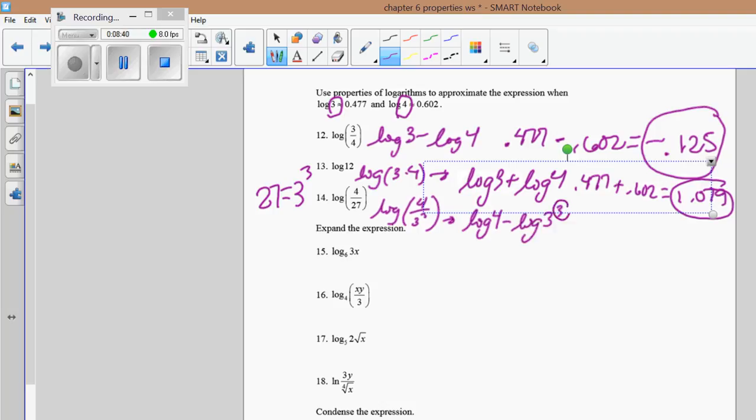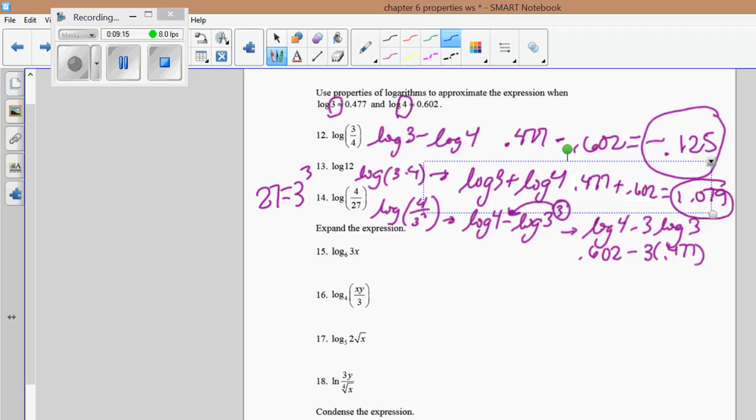Then when we go to expand it, remember the power property says the powers are truly multiplication. So this is the log of 4 minus 3 times the log of 3. Well, that's 0.602 minus 3 times that other decimal, 0.477. And it looks like I never even did that math, so you guys do that math yourselves. But at least that's how you do it.